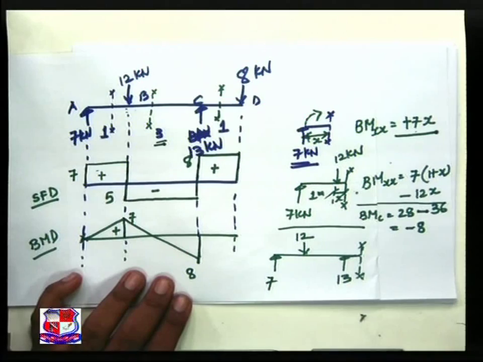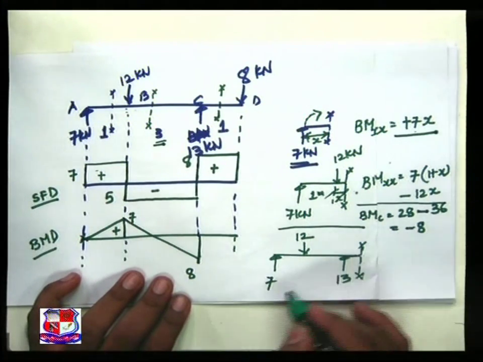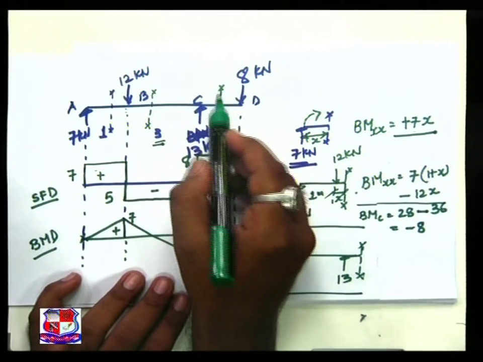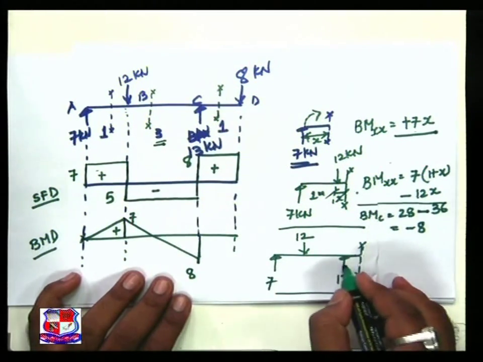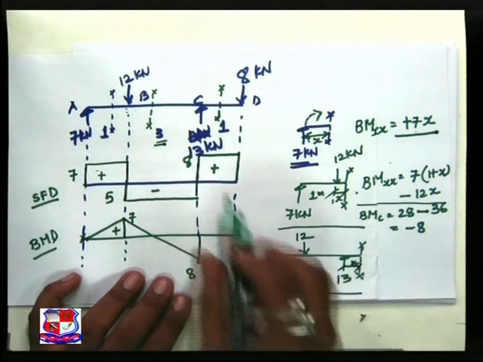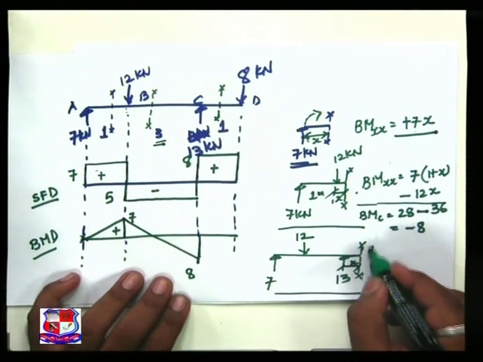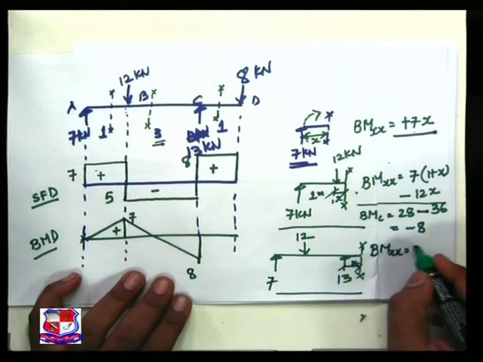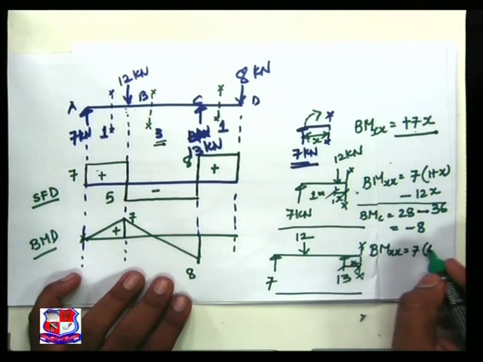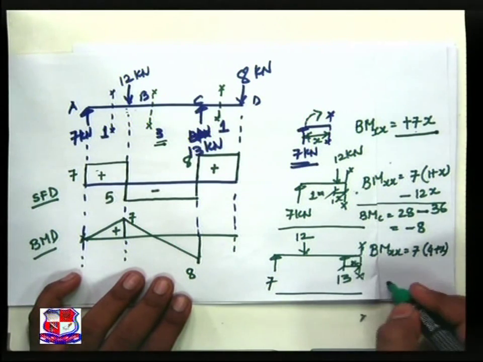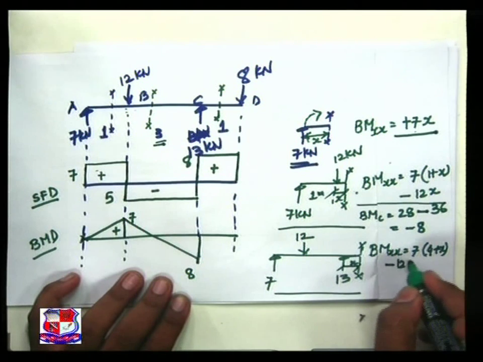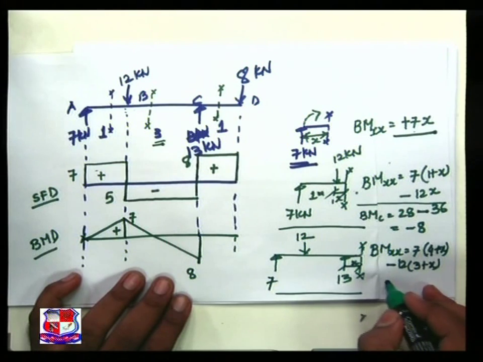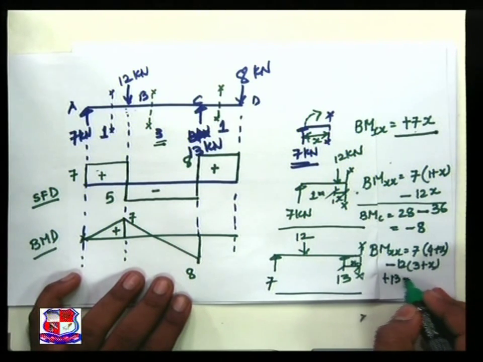Next, take a third section between C and D. We are taking a section over here at distance x from C. My bending moment at xx is equal to 7 into 1 plus 3, 4 plus x, minus 12 into 3 plus x, plus reaction RC, 13 into x.